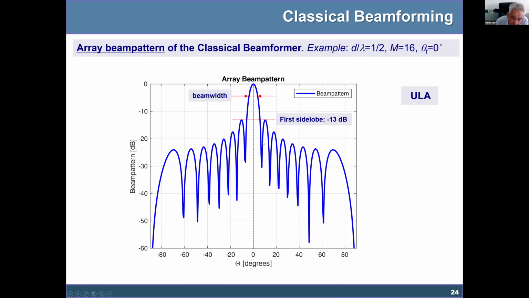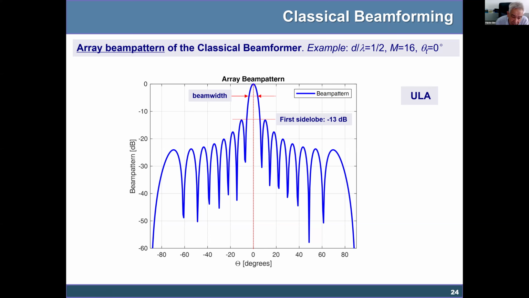But the problem is that you have also side lobes. And the problem of side lobes, as we will see, is that the presence of side lobes can mask other targets that are weaker than this target, and so can be masked by the side lobe of the strong target.